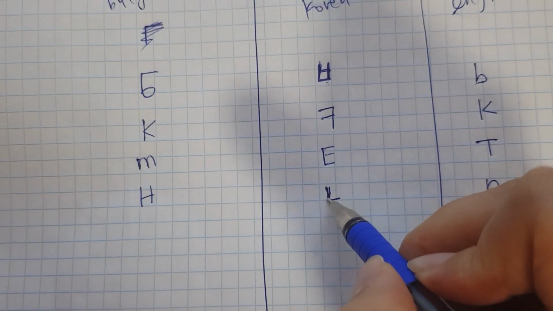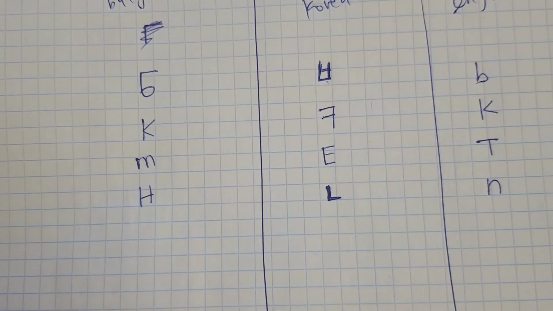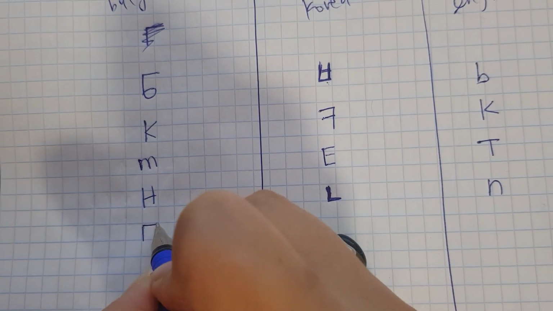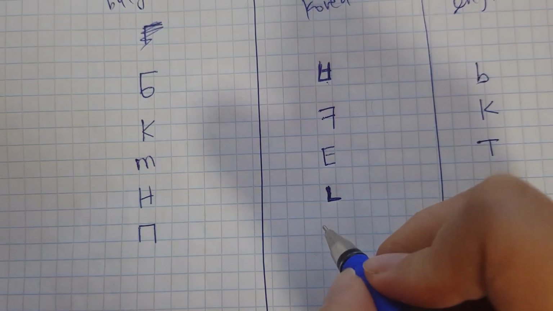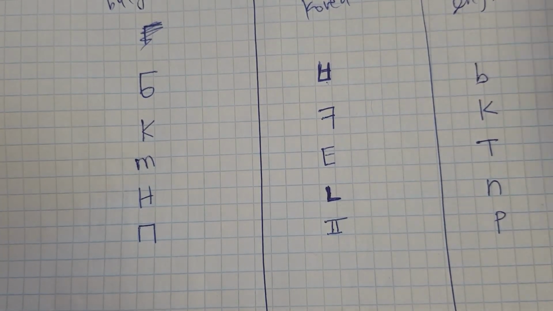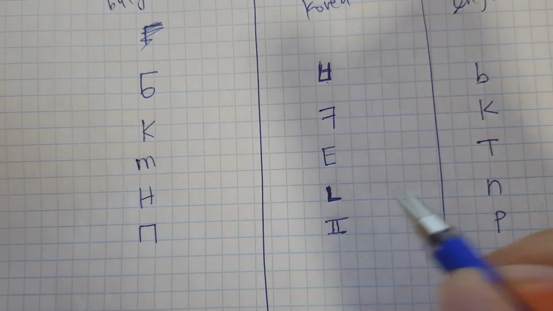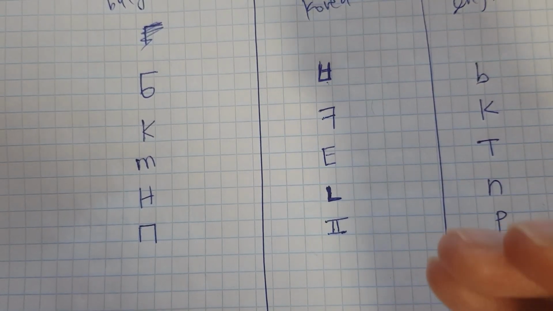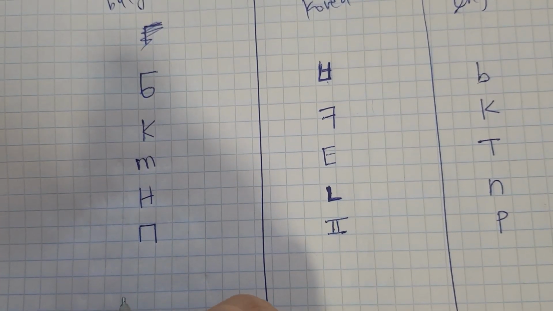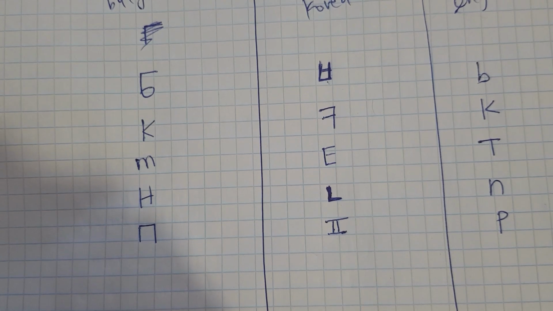Okay, so these are a couple of consonants. Let's do just a little bit more. Okay, this is P. And you can also hear it, it's not B, it's P. And let's see, I want to do maybe one more.